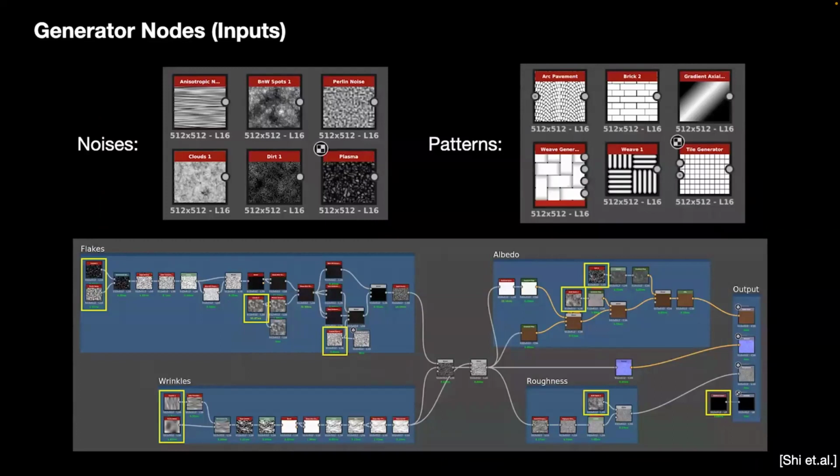And so depending on your material, you can have a pattern or a noise depending on how structured the material is, right? And so here in the graph, you see where the noises or patterns are. These generator nodes are indicated here in yellow, right? So they generate something that goes to the other nodes, right?